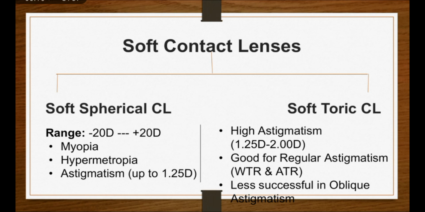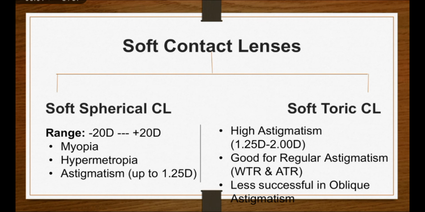So regular astigmatism is the one in which both meridians are 90 degrees apart, right? With the rule astigmatism, in nature, if we see our eyes, the cornea is steeper in the vertical meridian, because the lid's pressure is applied on the vertical surface of the cornea, but the horizontal cornea is flat because there is no lid pressure applied on it.